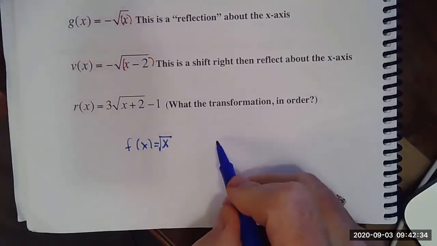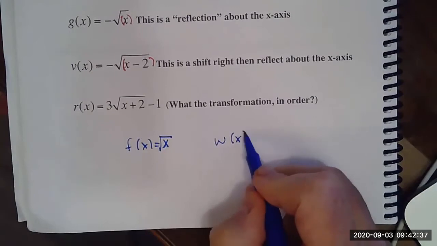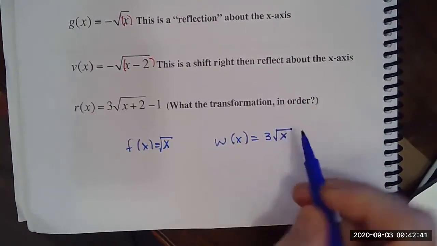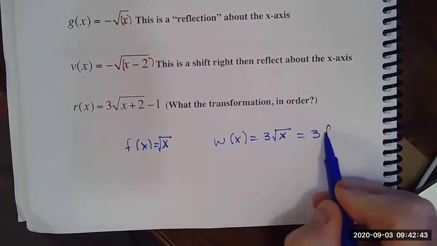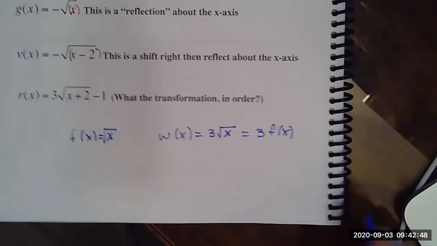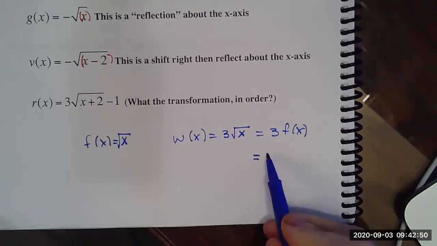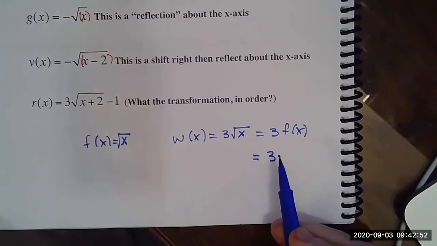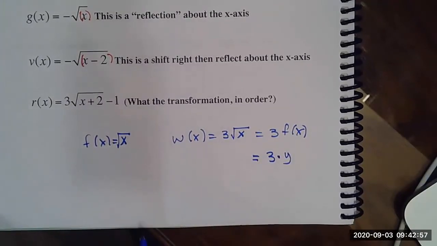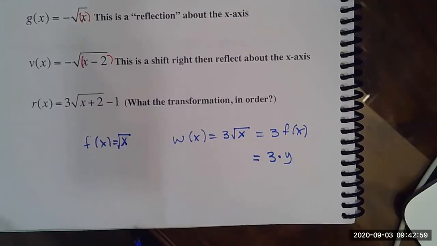Let's say I have a different function, w of x equals 3 f of x. And f of x is a fancy way of saying a particular letter, and you guys know that's the letter y. So what the 3 is doing is multiplying itself to the letter y. All the y values are tripled from the original. That's how you would sort of plot the points.